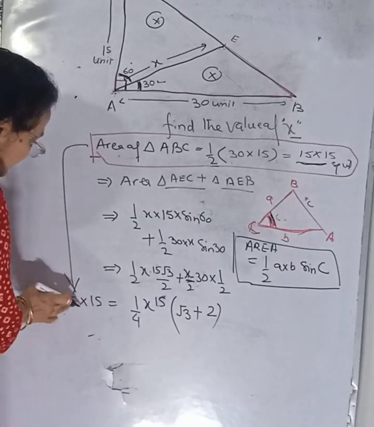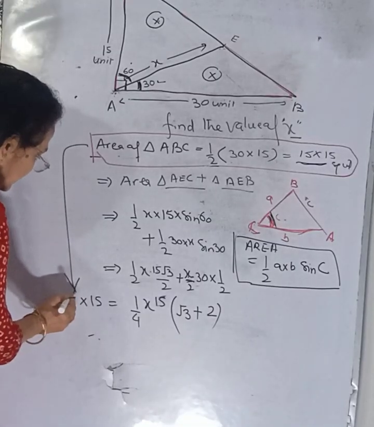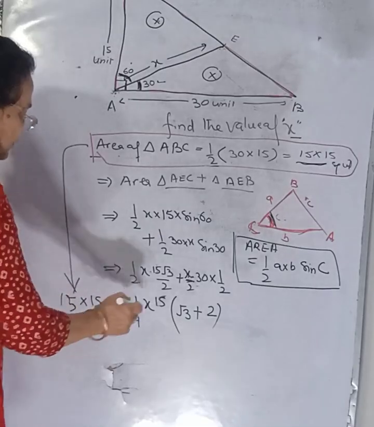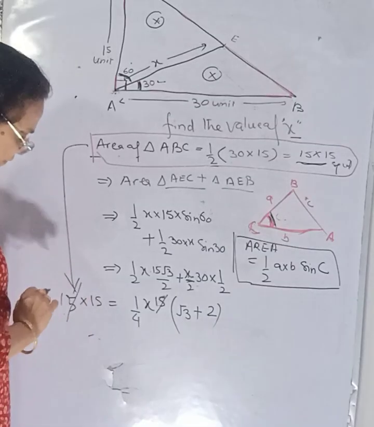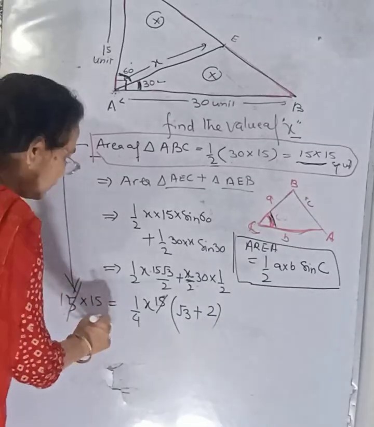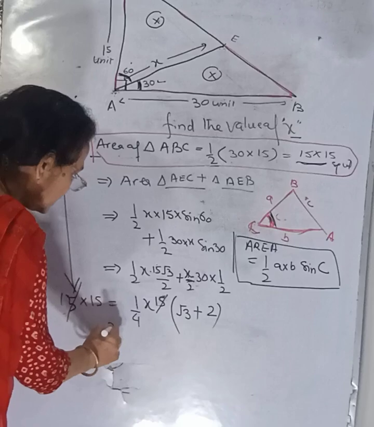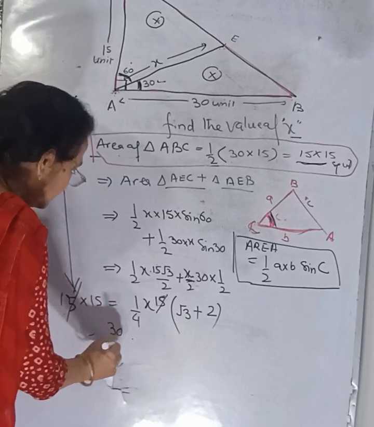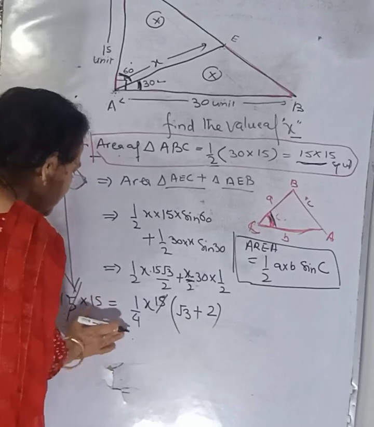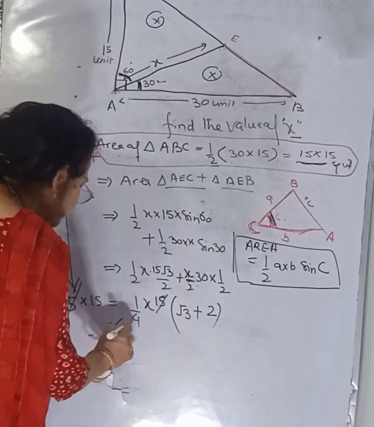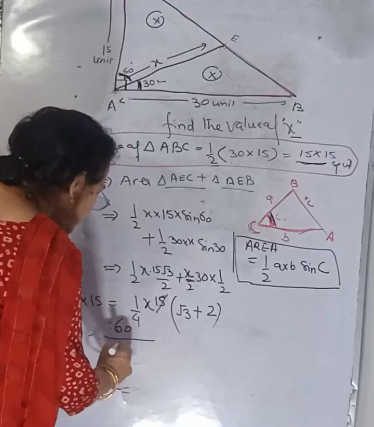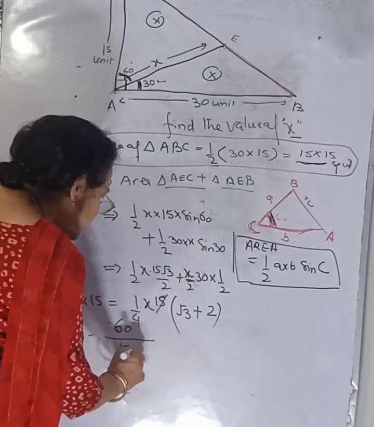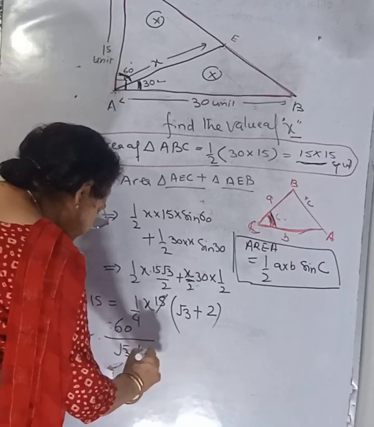Now, on both sides we have 15 as common, so this 15 cancels. It means x will be equal to 60 upon root 3 plus 2.